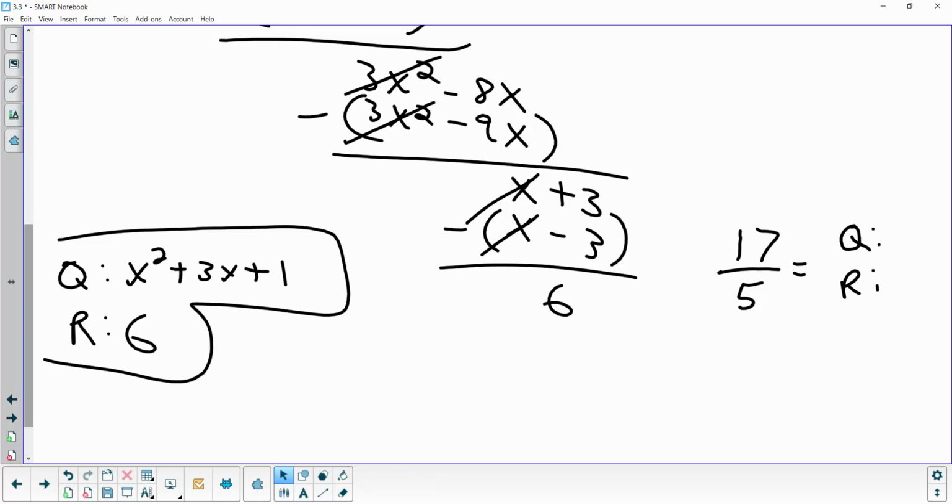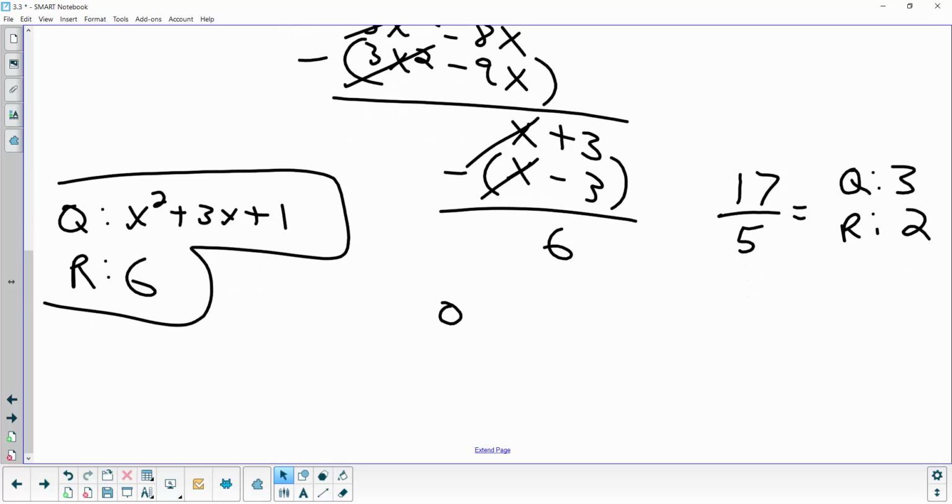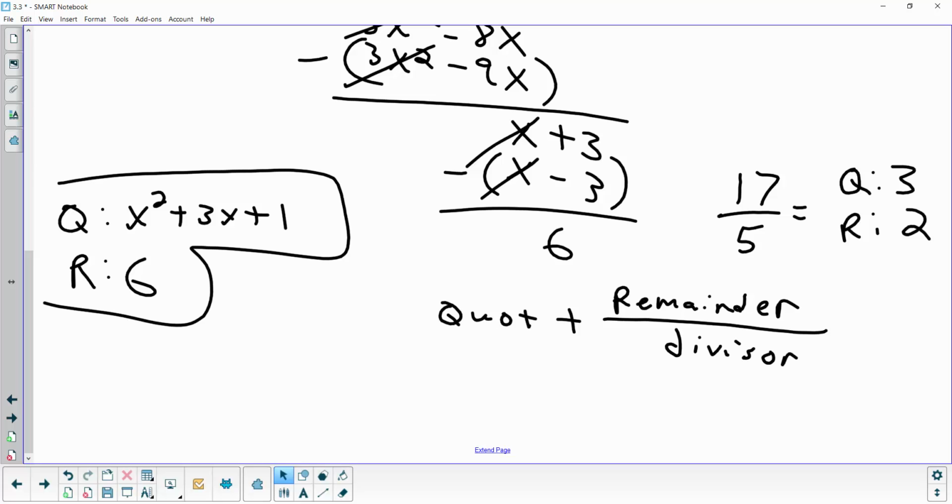What's the quotient when you divide 17 by 5? Tyler? 3. And what's the remainder? 2. So another way you can write your answer is quotient plus remainder over divisor. That's another format you can put your answer in.